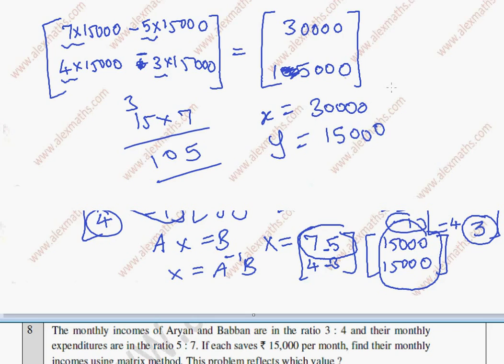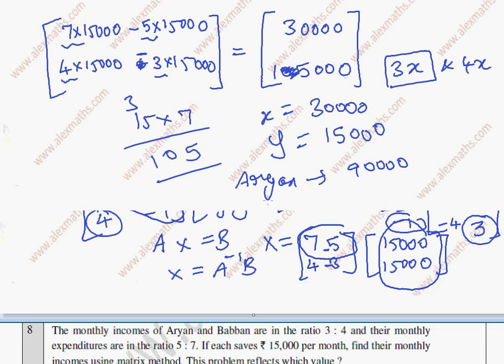Here the question is asking for their income. So income already we assumed as the actual income is 3x and 4x. So if I multiply the value of x here, the first person, that is Aryan income, is going to be 90,000, and the next person Baban income is going to be 4 times, so 1,20,000.